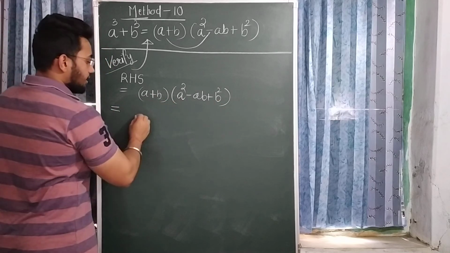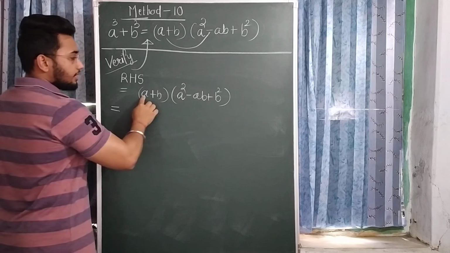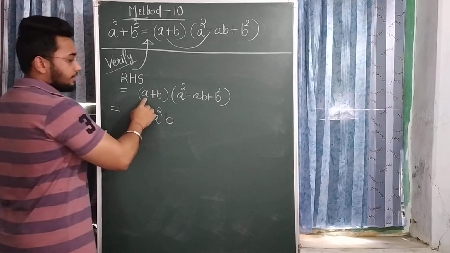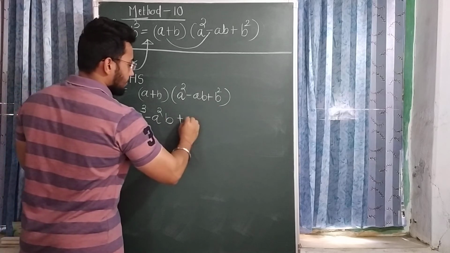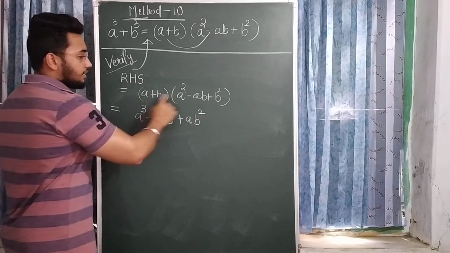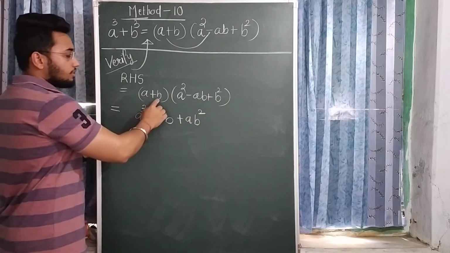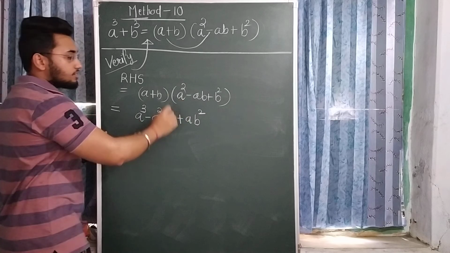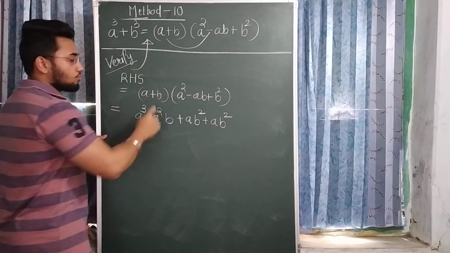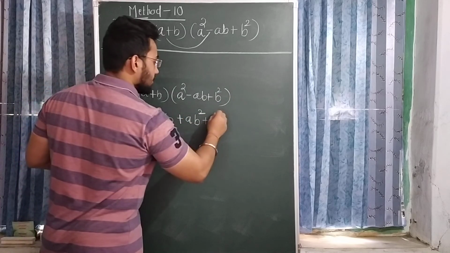A into a square, a cube, a into ab, a square b, a into b square, ab square. Okay, now I multiplied a with these 3 terms. Now the time of b into a square, sorry, b into a square b.